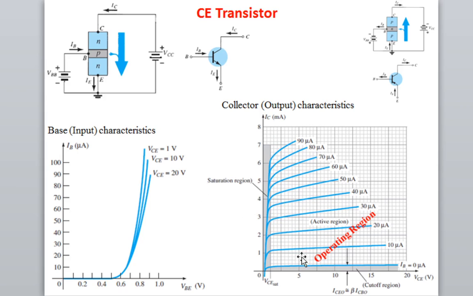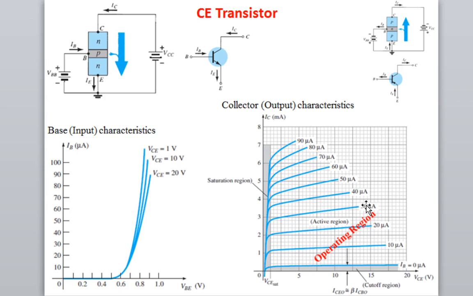And if you see here the linear region, here you get a constant current after a particular voltage, and there is very little distortion within this region. So this region is known as the active region of your transistor. This active region is also sometimes called the operating region, or least distortion region of your transistor.